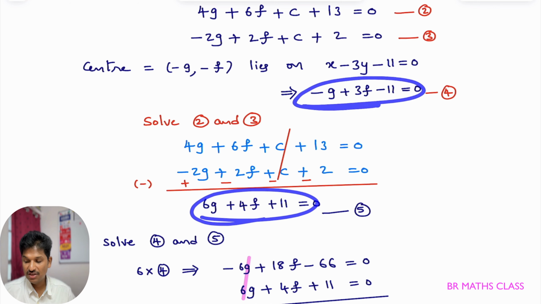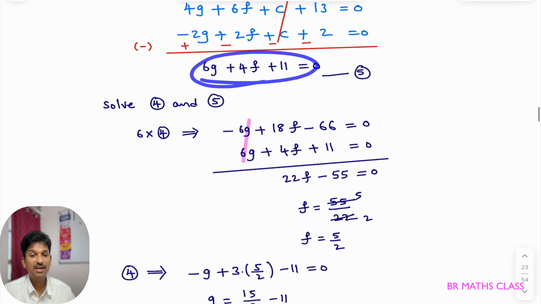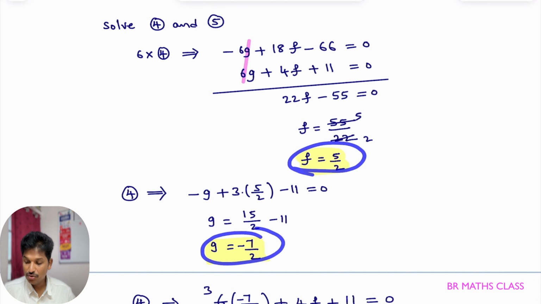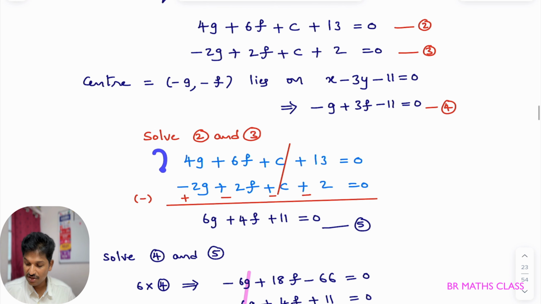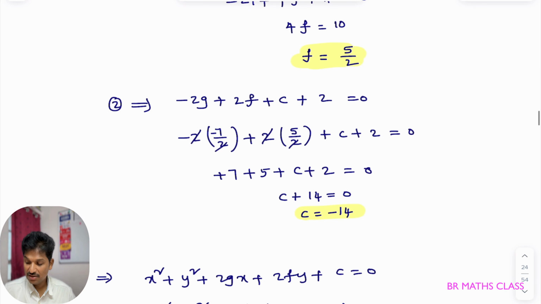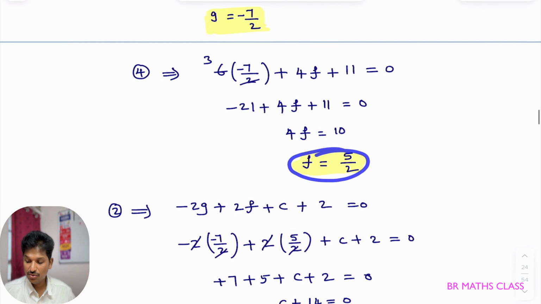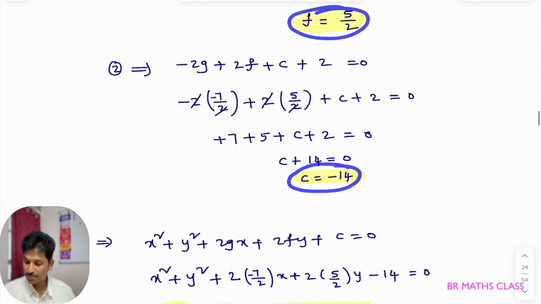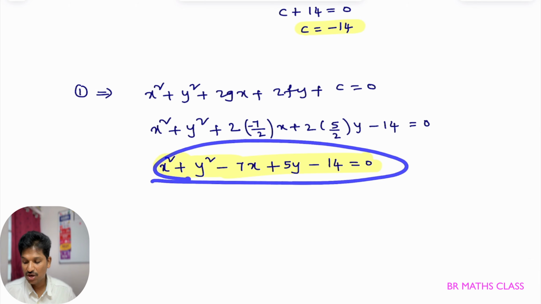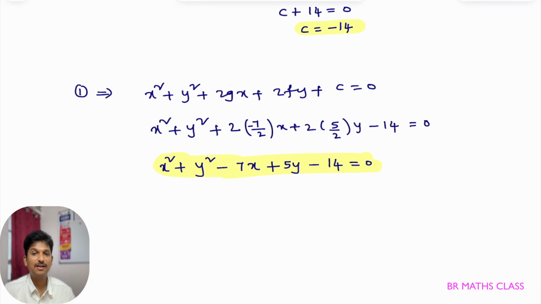And if I solve these two equations, I'll get g value, f value. You see here, f value, g value. Now this g value, f value, you substitute in any one of these two equations, you will get c value. You see here c value. Once you got g value, f value, c value, substitute these values in this equation and simplify, you will get the required equation of a circle.